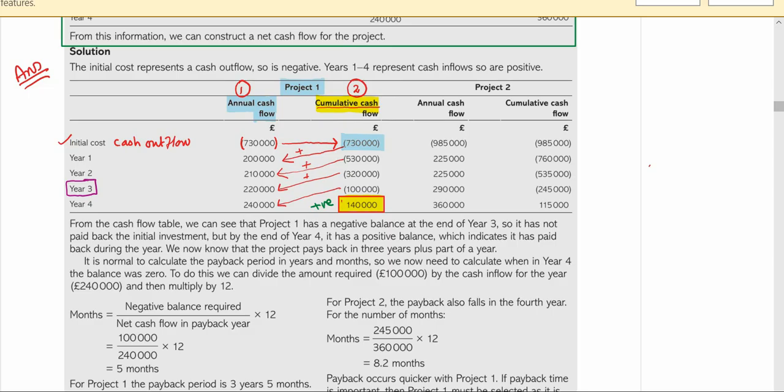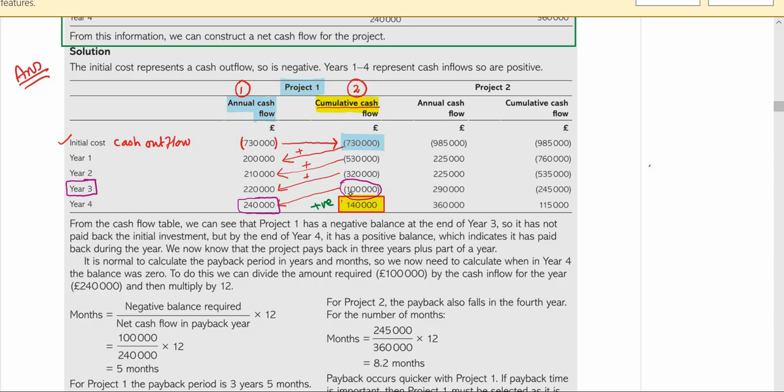How do we calculate the months? It's very simple. We take the last negative value, which is 100,000, and the next annual cash flow, which is 240,000.